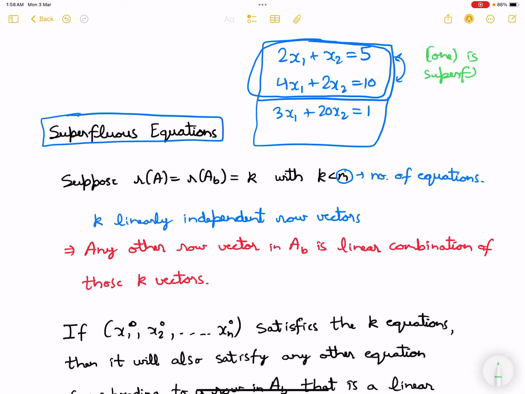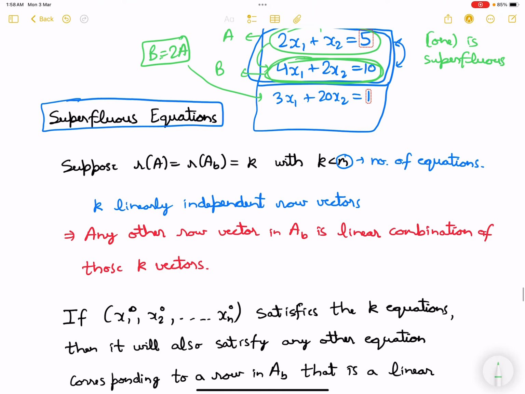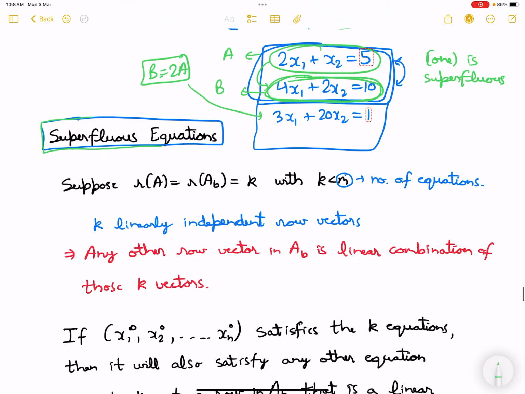Even if we don't use either this or this, suppose this is A and this is B, because B is 2 times A, we can use either A or B along with the other equation to find the solution. So basically this has been given extra, and there is no need for it. So this is what a superfluous equation means.